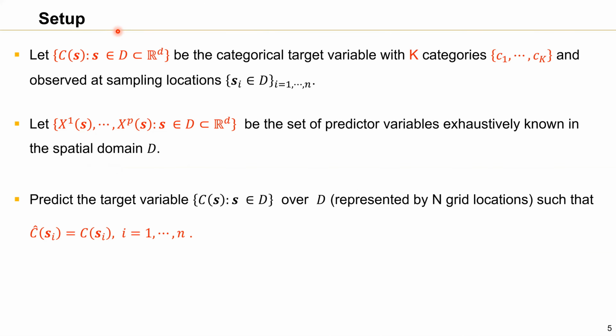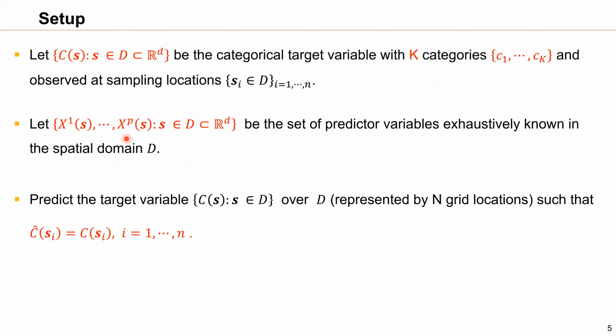So we consider here a categorical target variable, C, defined over a spatial domain of interest, D. The categorical target variable has K categories, which are mutually exclusive and exhaustive. And the categorical target variable here is measured at N sampling locations.